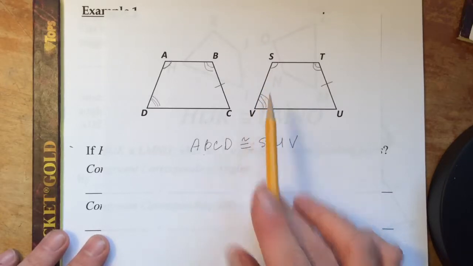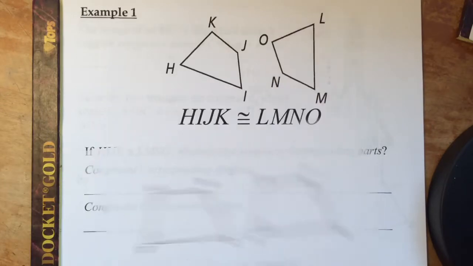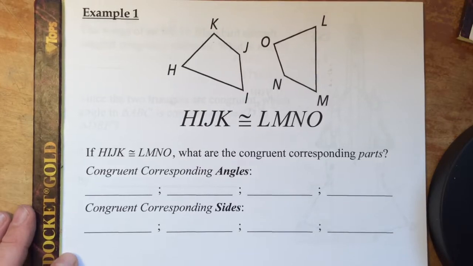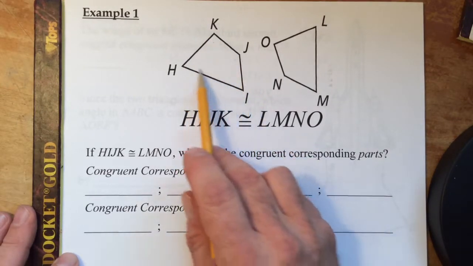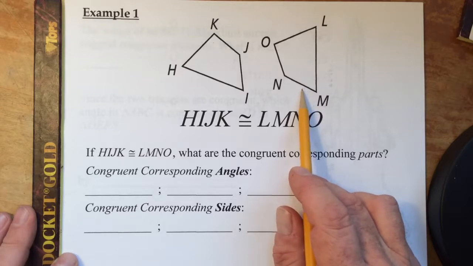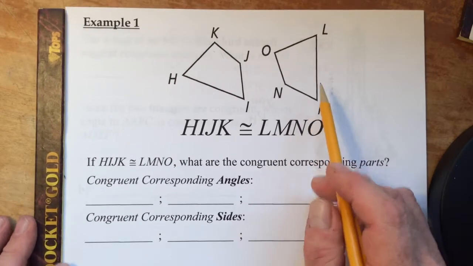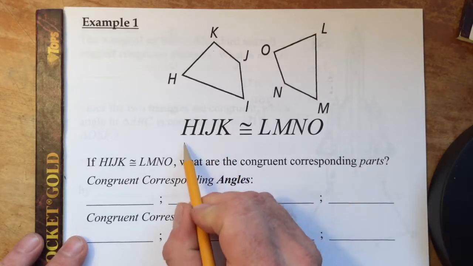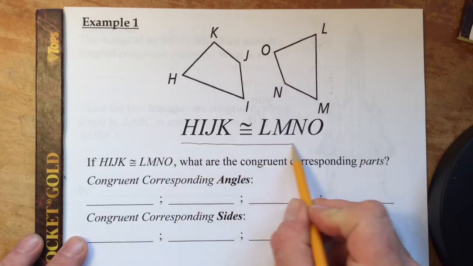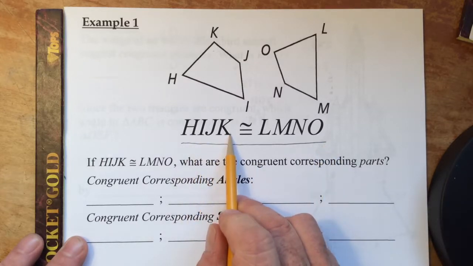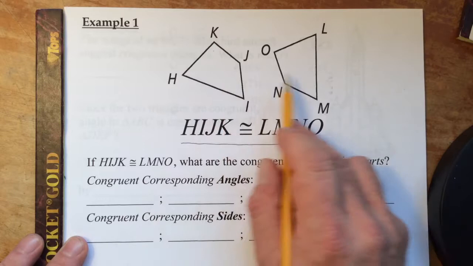But what happens when one of the figures, one of the polygons, has been turned, flipped, or a combination of it? In example 1, that's the sort of thing we have here. We've got this figure here is congruent to this one here. But it's harder to tell where each corresponding or matching part lines up. We can heavily rely on congruency statements like this one, because whatever's written here is in the order that these two are congruent.